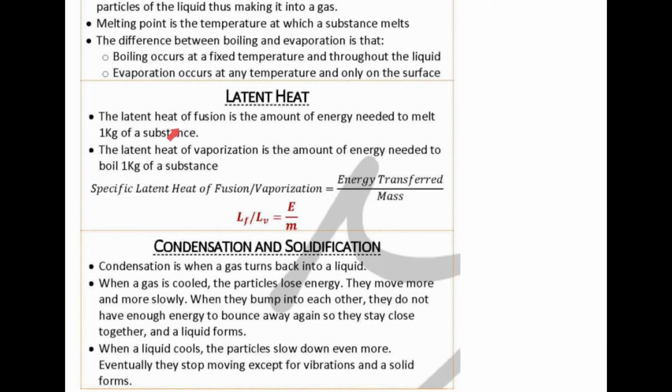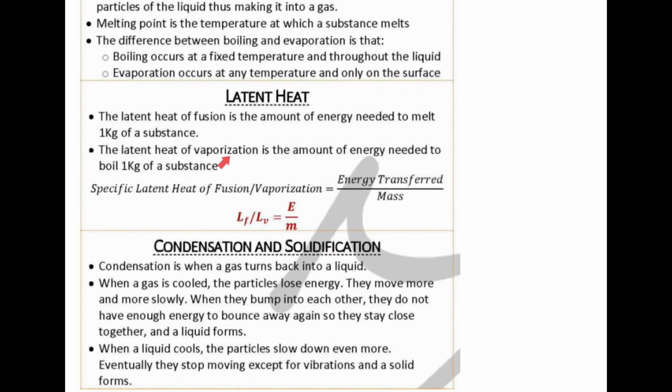Latent heat of fusion is the amount of energy needed to melt 1 kg of a substance. So latent heat of fusion is related to melting. The latent heat of vaporization is the amount of energy needed to boil 1 kg of a substance.